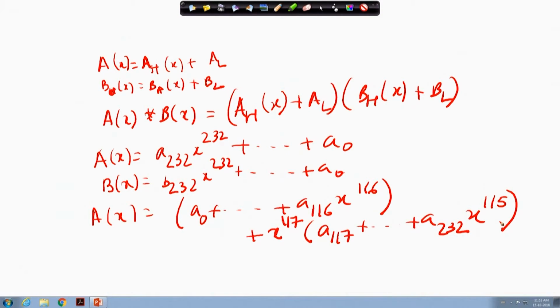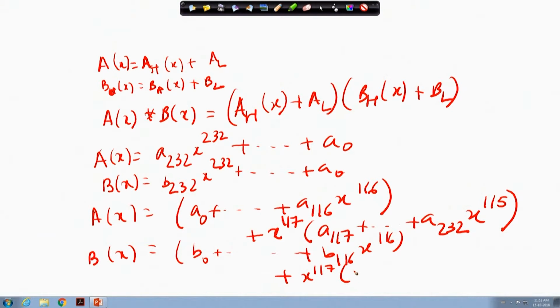When we are doing an operation between A(x) and B(x), you can likewise write B(x) in this form: B0 plus so on till B116 x to the power of 116, plus x to the power of 117 B117 plus so on till B232 x to the power of 115.